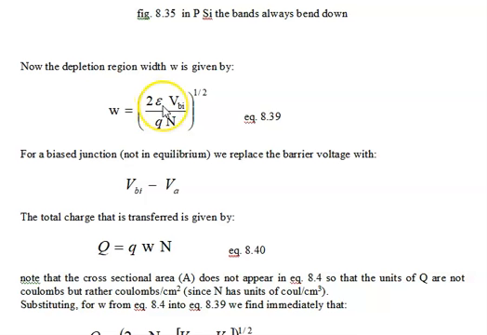Epsilon, we will see, for silicon is 12. That includes epsilon 0, which is, I believe, 8.85 times 10 to the minus 14th times the relative permittivity of silicon, which is 12. So here we have 10 to the minus 12 divided by about 10 to the minus 4th, giving us 10 to the minus 8th.